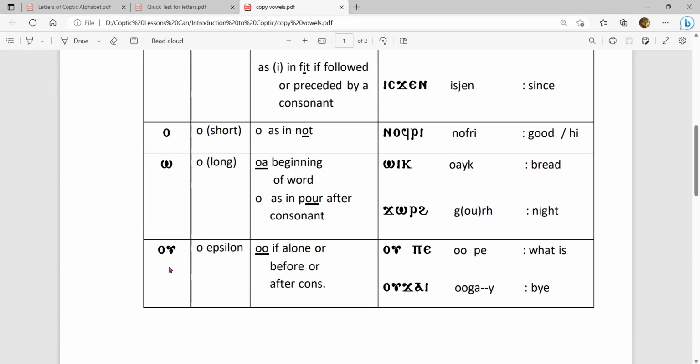Now we come to the combination of the Omicron and epsilon. I have put it here as O and epsilon.